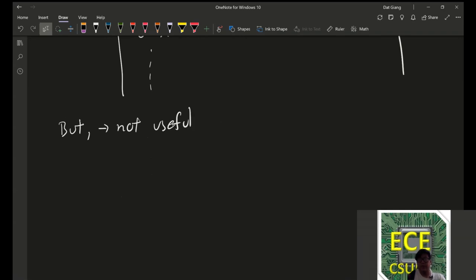Not useful in the sense that we don't generally deal with parameters that are greater than 2 or greater than 3. So at most we have 3 independent variables.